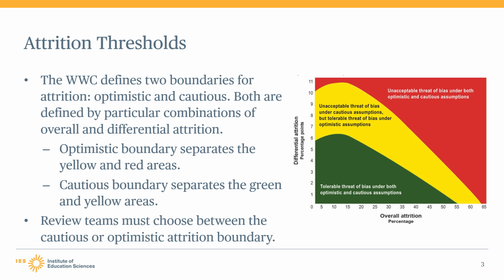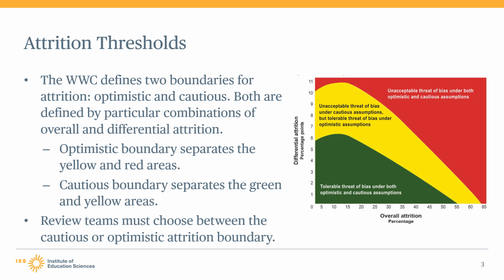The figure on this slide illustrates the difference between the optimistic and cautious boundaries. The vertical axis on the graph represents differential attrition, and the horizontal axis represents overall attrition. The green shaded area means low attrition, and red means high attrition.